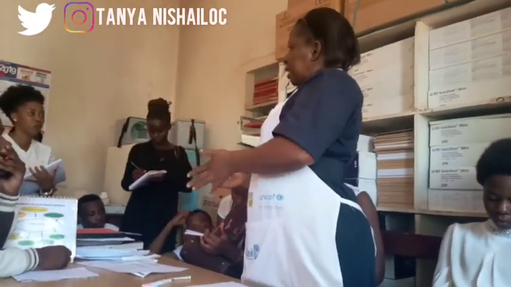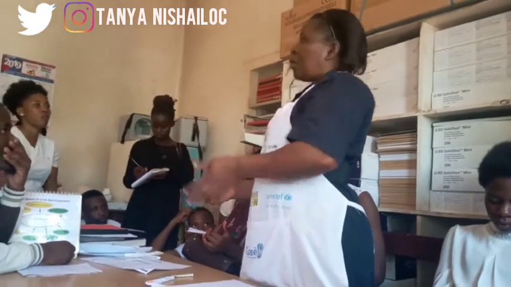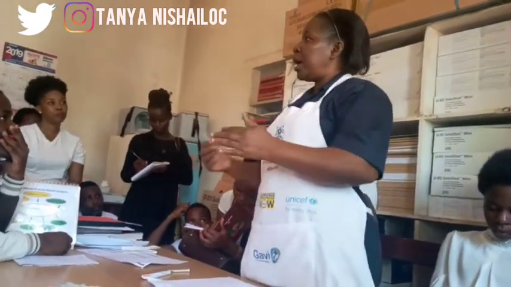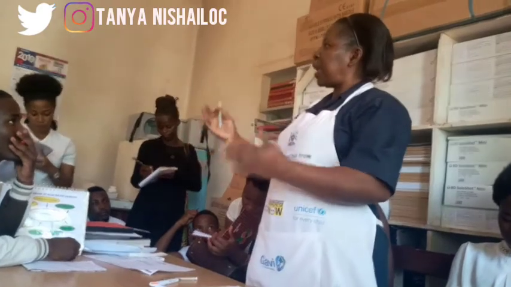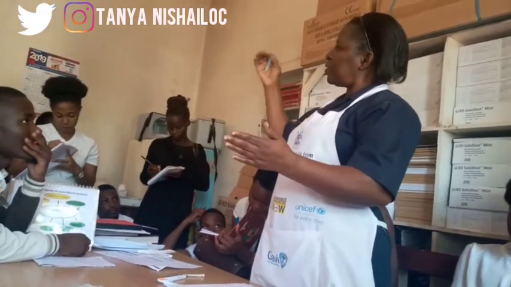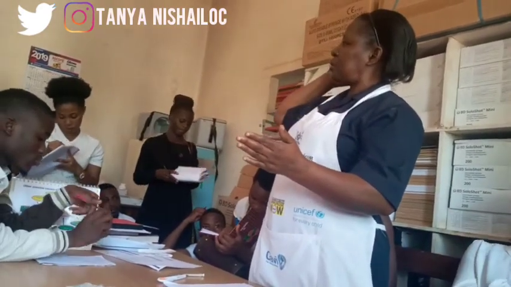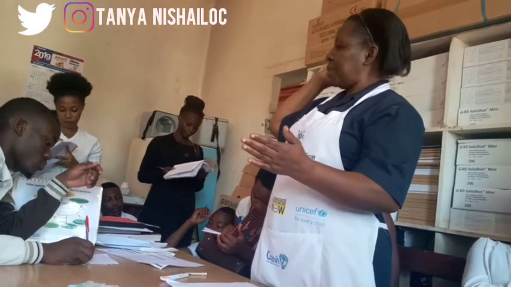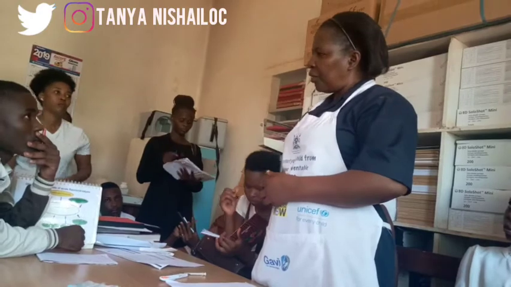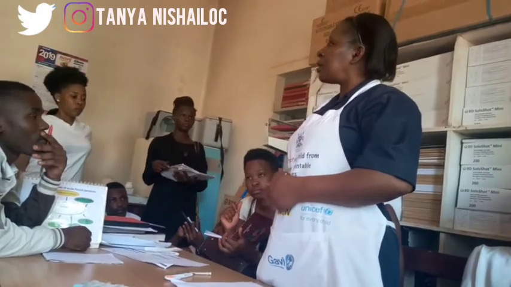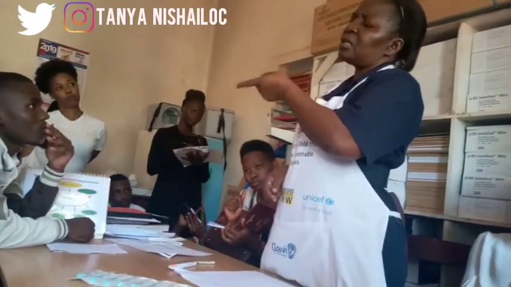We have to maintain that temperature of +2 to +8. +2, 3, 4, 5, 6, 7, 8. And we are going to ask you this: is it in Fahrenheit or centigrade? Centigrade is the analog type.